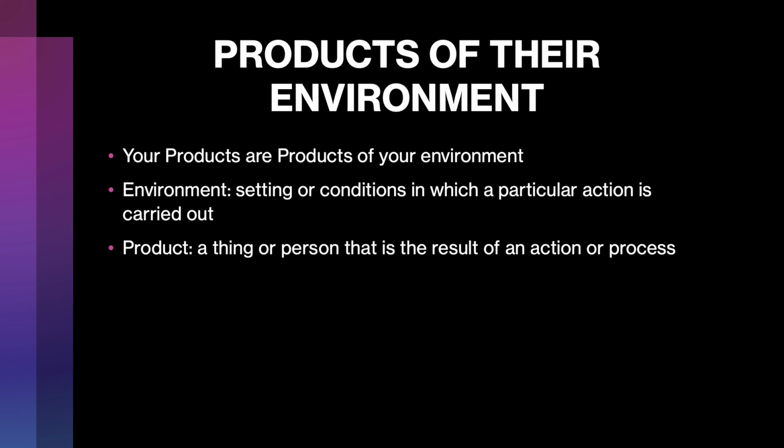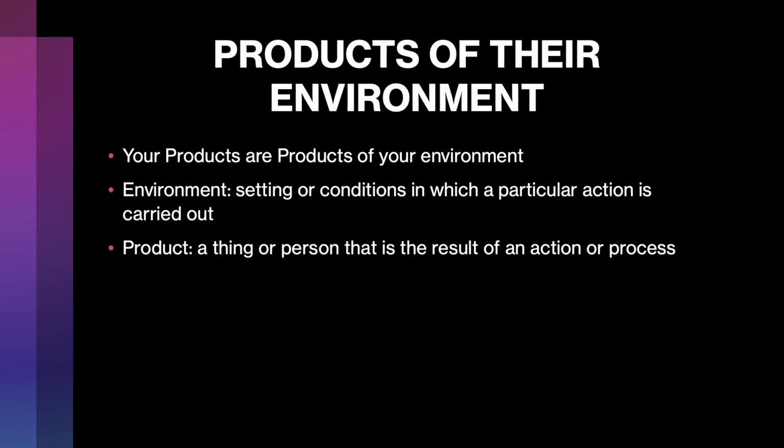Did you know that your products are products of your environment? Your environment is the setting or conditions in which a particular action is carried out. That action for you is processing, because you're a processor.